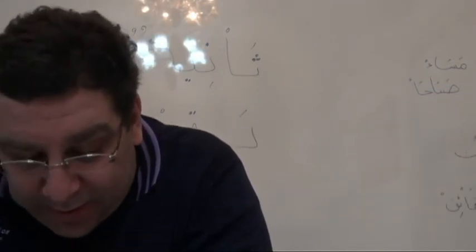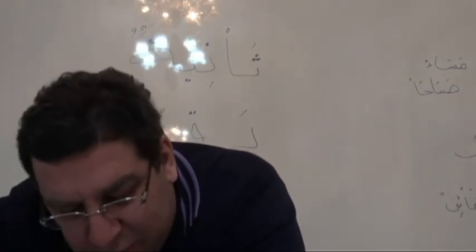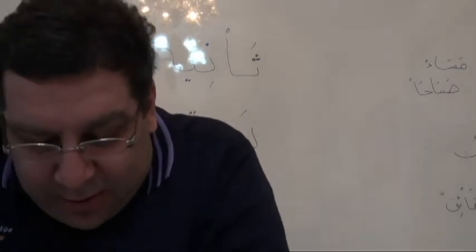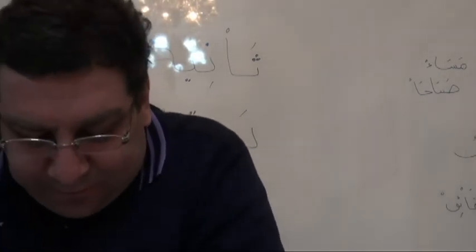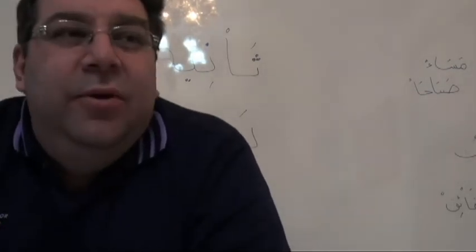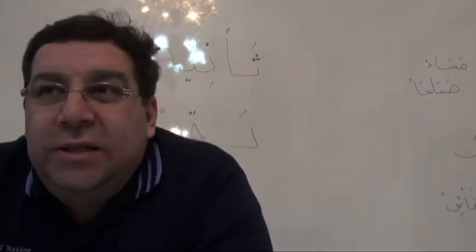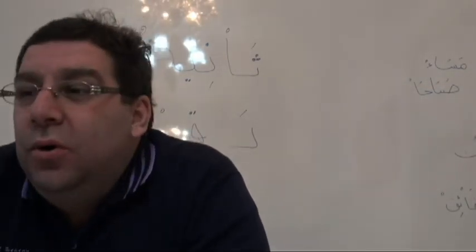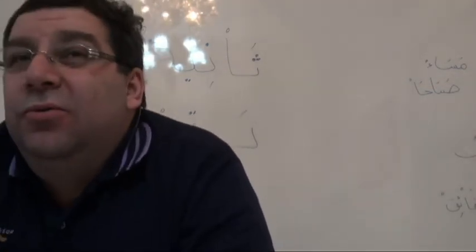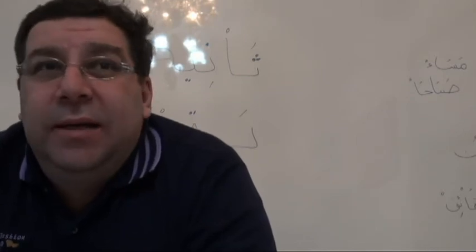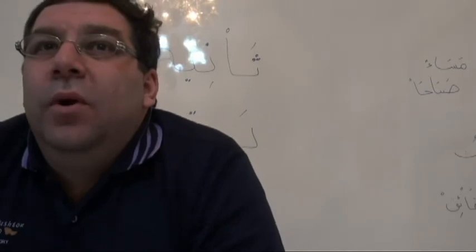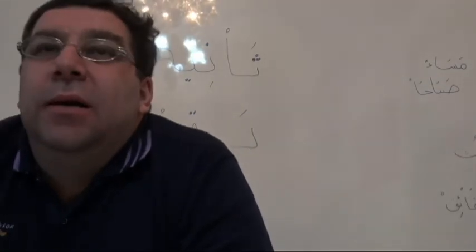Now, the next 2 and 3 I didn't write them because we know them, but we have to read them. Then, what is after this? We have أسبوع. You already have it in your handout. What is the meaning of أسبوع?